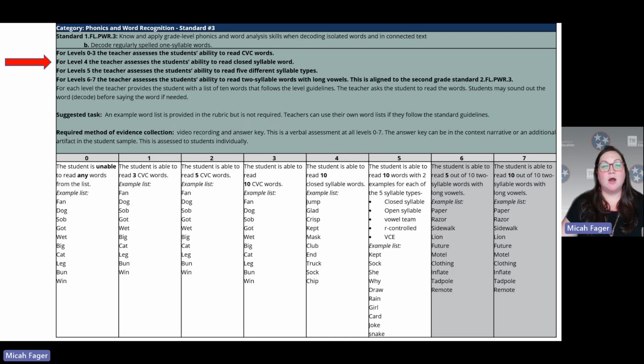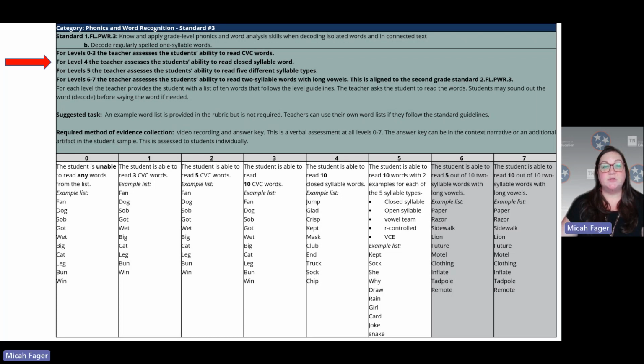When students are able to read at levels 0 through 3, the teacher is assessing the student's ability to read CVC words. When the student is able to read at a level 4, the teacher is assessing the student's ability to read closed syllable words.